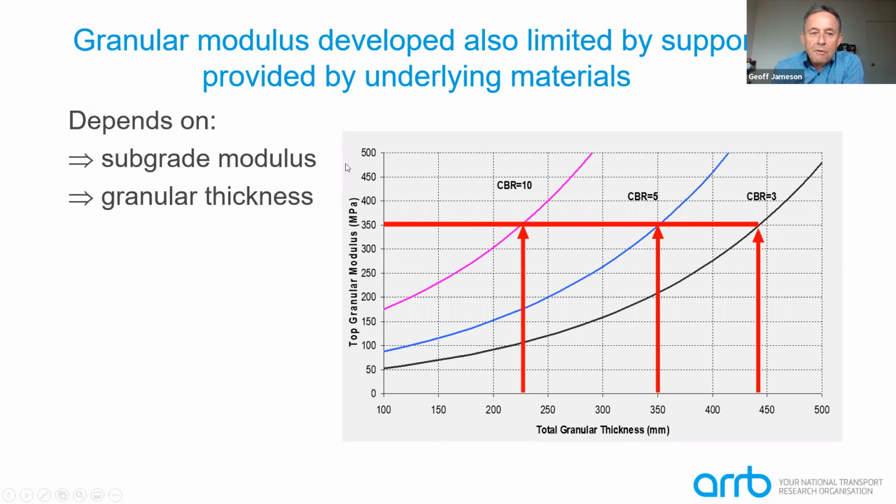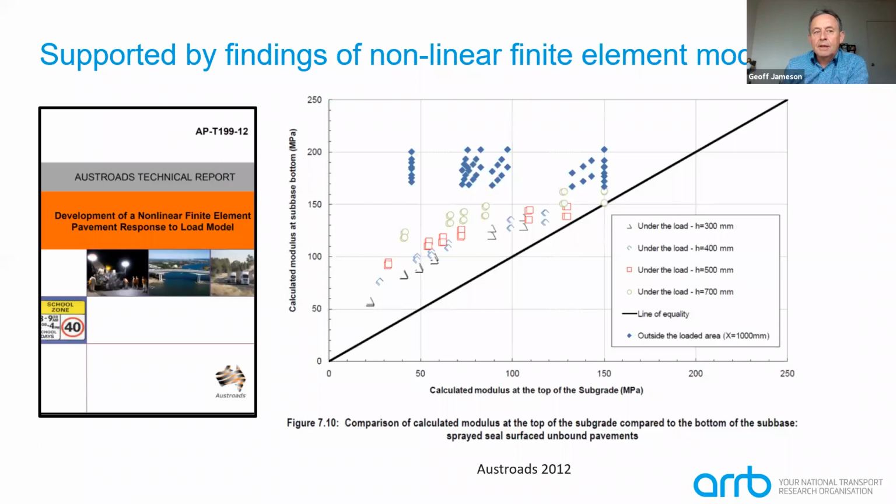So we allow for the influence of the subgrade modulus and the thickness of the granular material in estimating what granular modulus can actually be achieved. So again, it's a workaround, a simple rule trying to allow for something that's more complex in a simple system.